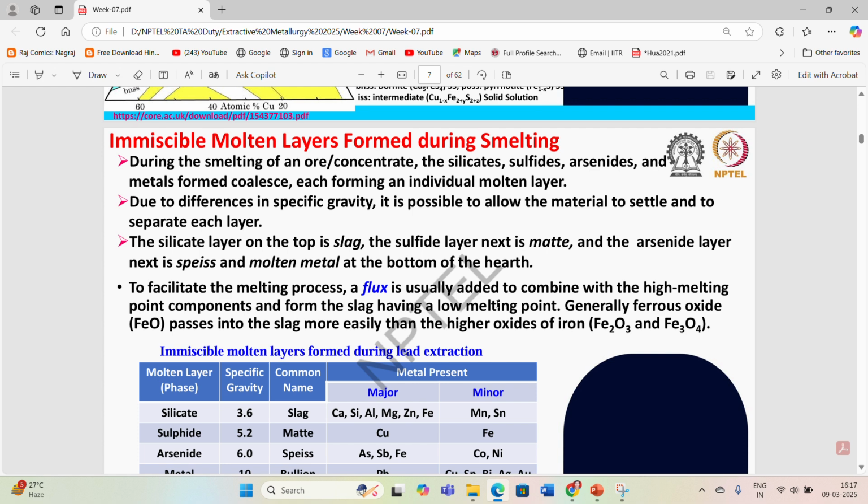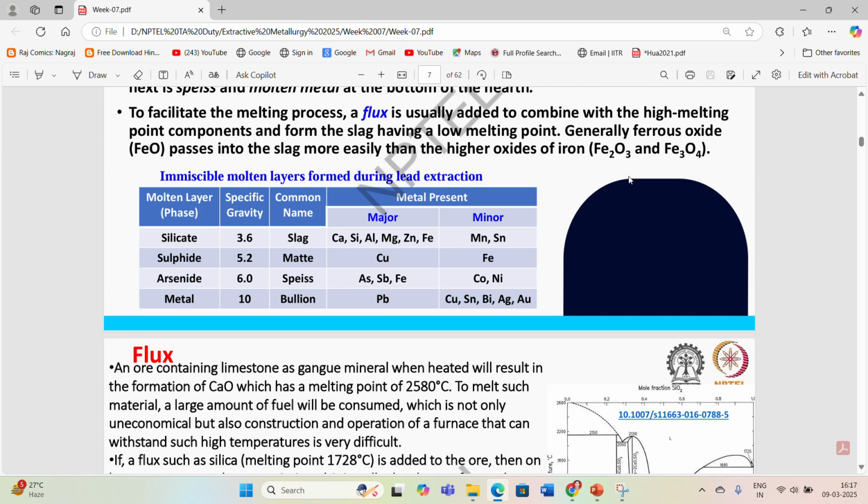To facilitate the melting process, a flux is usually added to combine with the high melting point component and form the slag having a low melting point. Generally, ferrous oxide passes into the slag more easily than the higher oxides of iron, that is Fe2O3 and Fe3O4. So, for facilitating the removal of the impurity oxide material present inside the ore concentrate, we generally use the flux material to get them reacted with the impurity oxide material so that they can report into the slag phase.